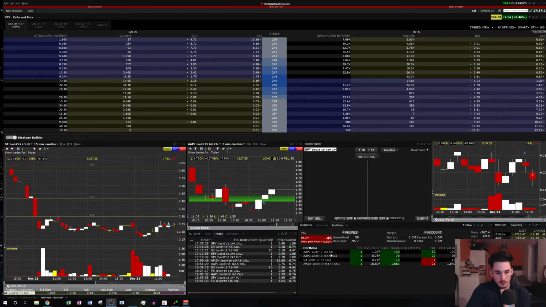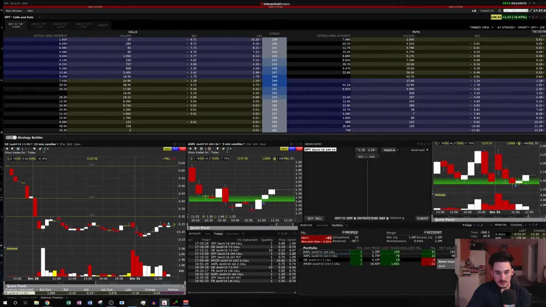If we go to Apple 160 call here, my cost basis was 1.39. Let's round it to 1.4. So 1.4 is my cost basis, which is here where the arrow is, 1.40. And now the contract to buy that same contract is now worth 1.55. So you can see that's why I'm up $50.